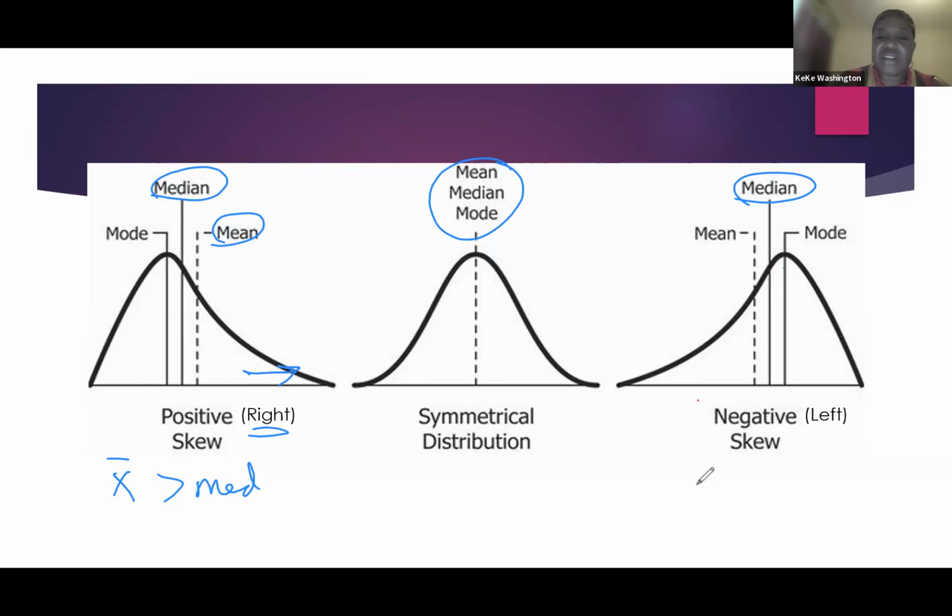But if the mean is less than the median, you know your distribution is left skewed. And if they're practically the same, approximately, you know that it's symmetrical. I always tell my students, if you ever get confused and you're not sure what the shape is, look at the mean and the median and make a comparison.